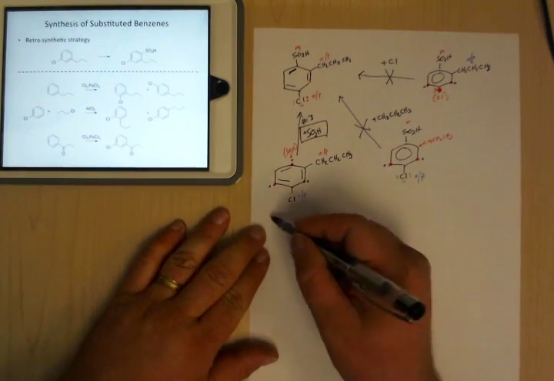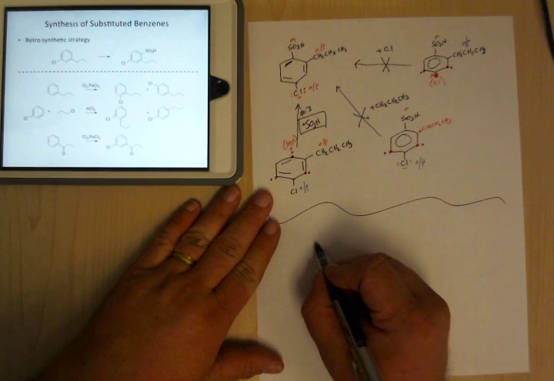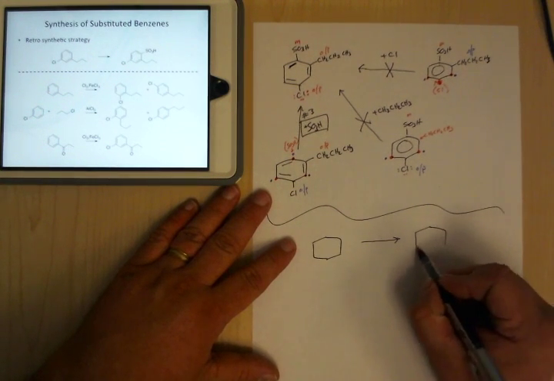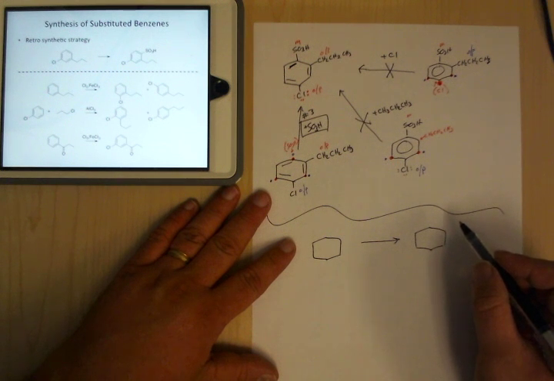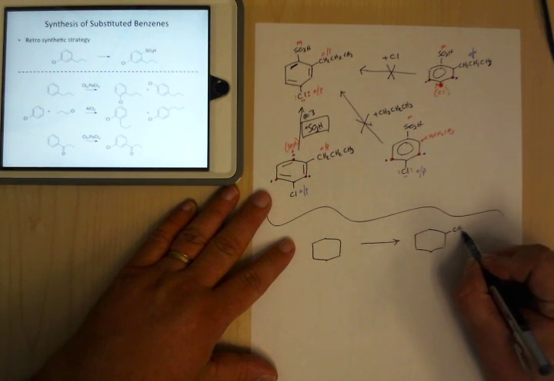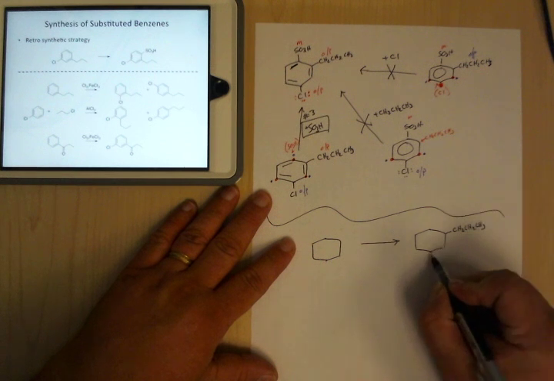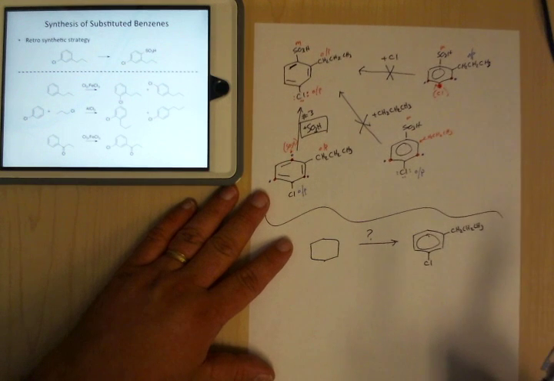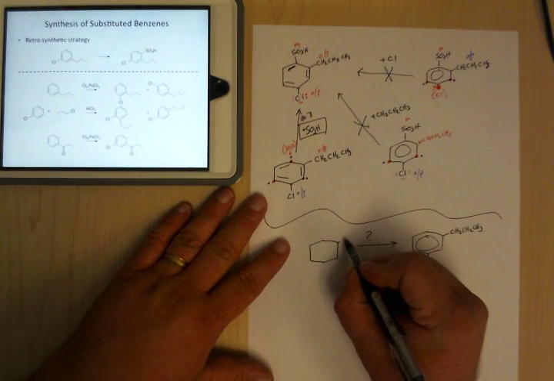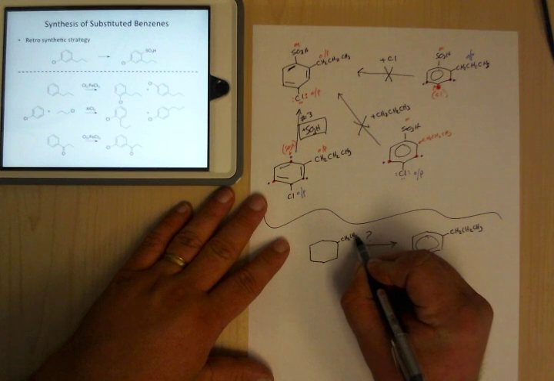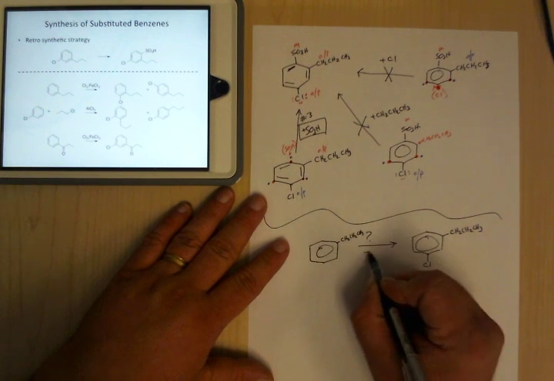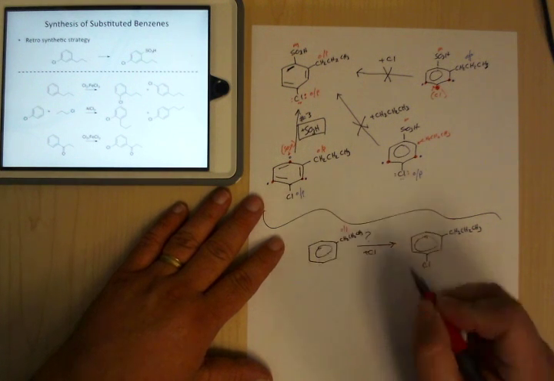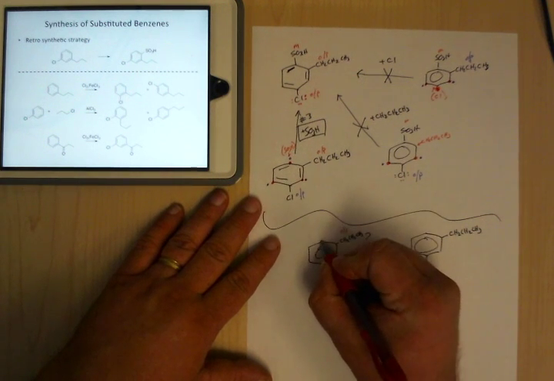Now the question becomes, how do we go from here? We need to make this compound. How do we make it? If we added the CH2, CH3, and then the Cl, where would it want to go? This is an ortho-para director, so it's going to want to go here, here, and here.